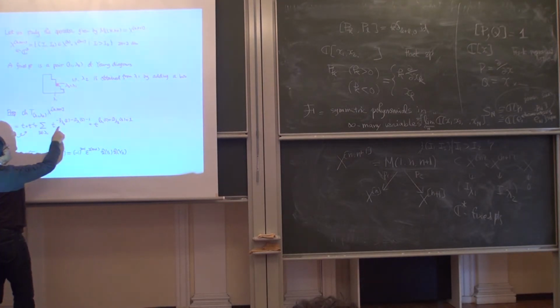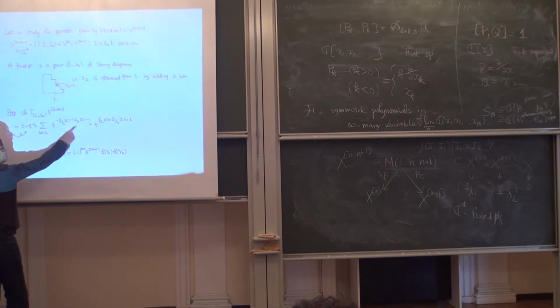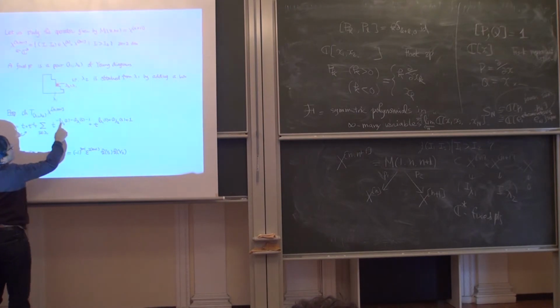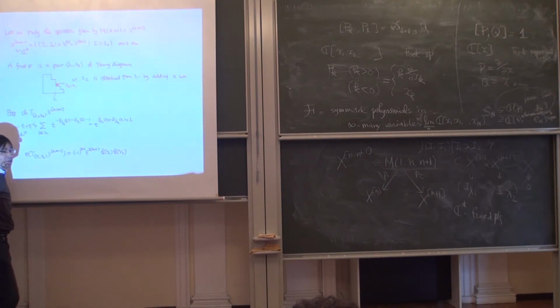But it involves both leg length and arm length for Young diagrams lambda 1 and lambda 2. Lambda 1 and lambda 2 differ only on these boxes, so those leg lengths and arm lengths are almost equal, but not completely equal. There is some slight difference.